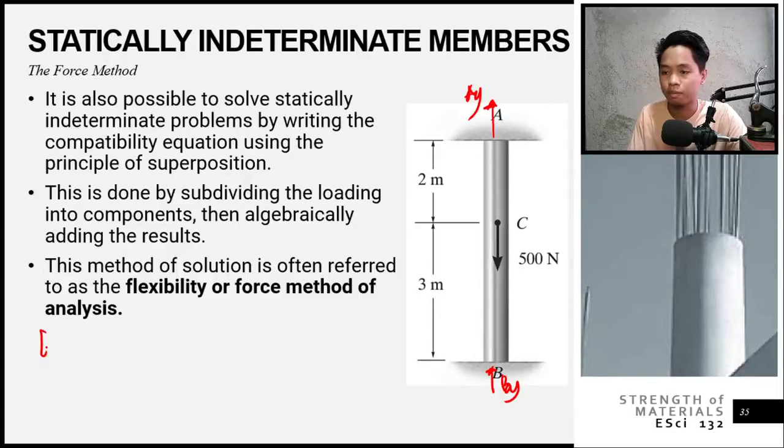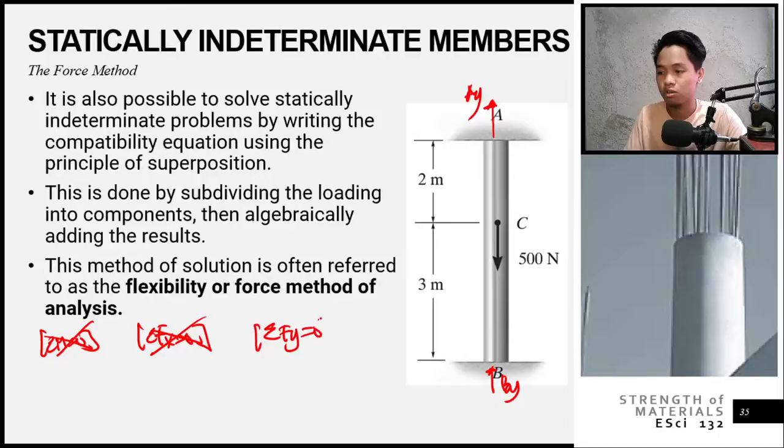Therefore, summation of moment equal to 0 can no longer be used. Summation of forces in x equal to 0 also cannot be used. And what we need there is summation of forces in y equal to 0. So we only have one equation, and we have two unknowns. That is why it is indeterminate.